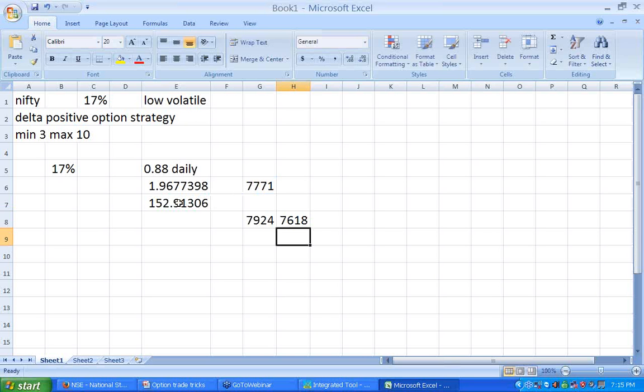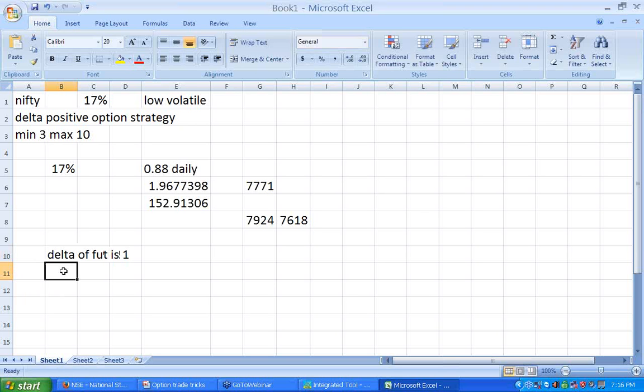Now we will look into the factor of delta neutral. We require delta positive. So what is the delta? The delta of a future is 1. Means if you are selling a future, then it will be -1.